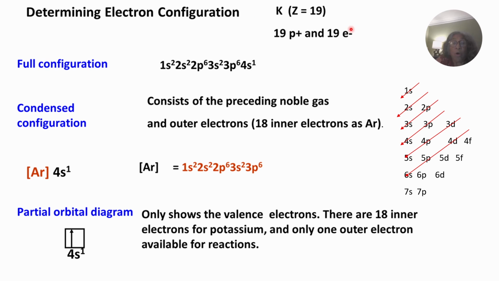In those, only the valence shell electrons are represented, like in this case. Those are the electrons that participate in a chemical reaction. So the valence shell electrons are the highest energy electrons, and those are important in determining an element's properties.